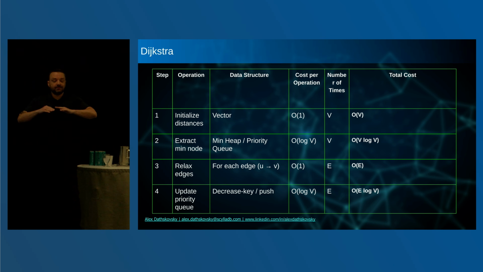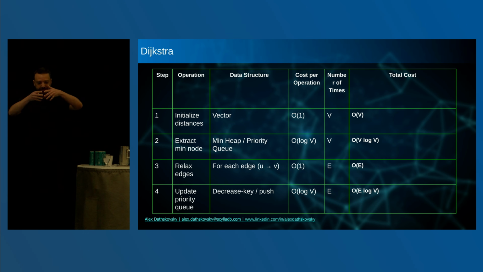So we started with a vector. We need to initialize the whole vector. The complexity of initializing one cell in the vector is O(1). We run for all vertices, and that's O(V). We have to extract a minimal node from a heap. We need to reheapify it, so it's log n, and we run it for V nodes, so it's V log V. Then we have to relax the edges.